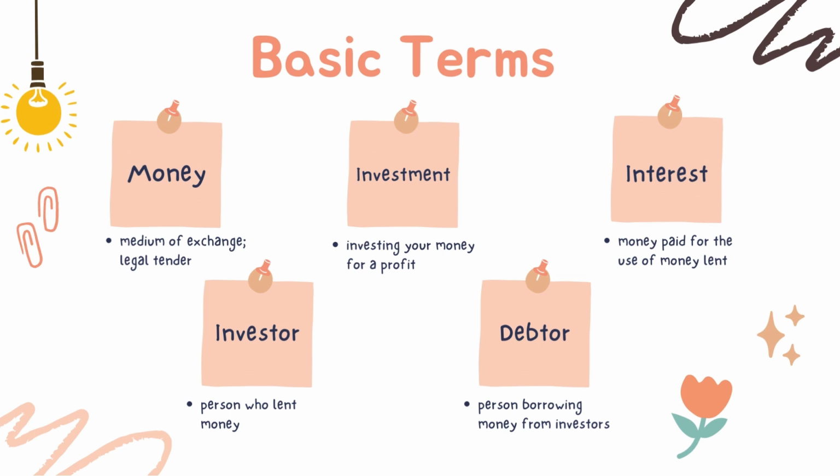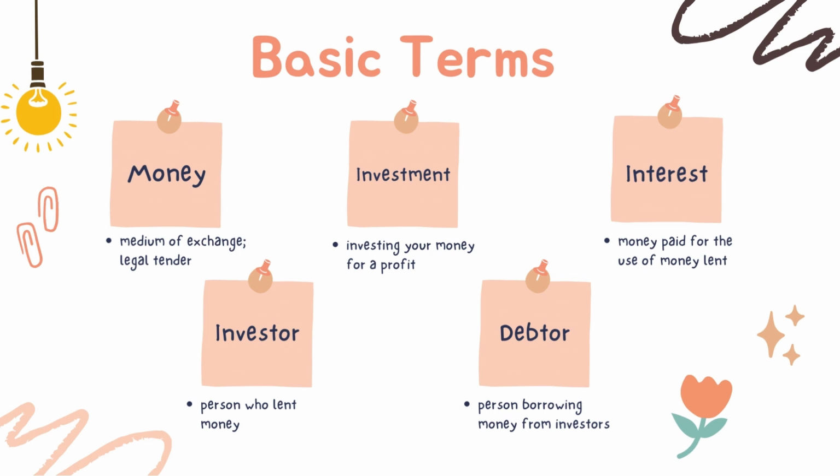And lastly, the term debtor. So this is still a person. This is the one who keeps borrowing money from investors. Basically, all who borrowed are what we call debtors, anyone who has a liability.